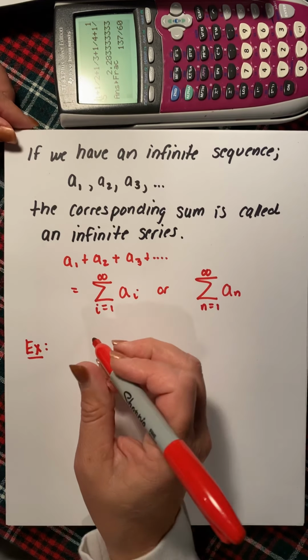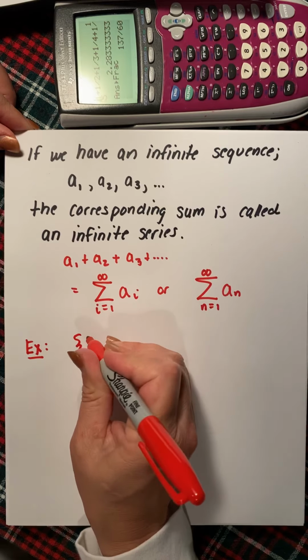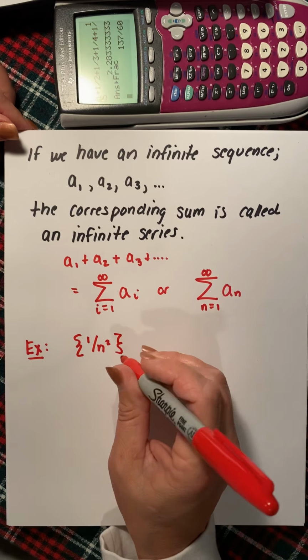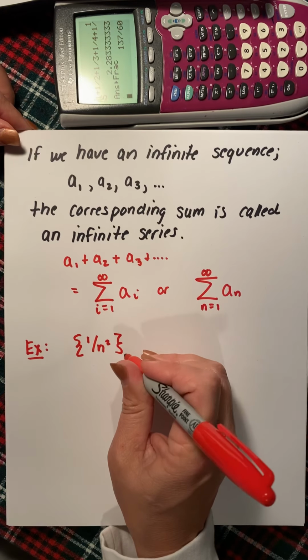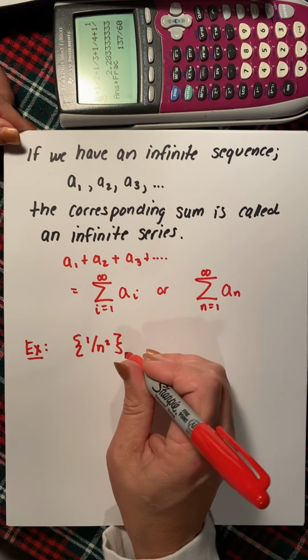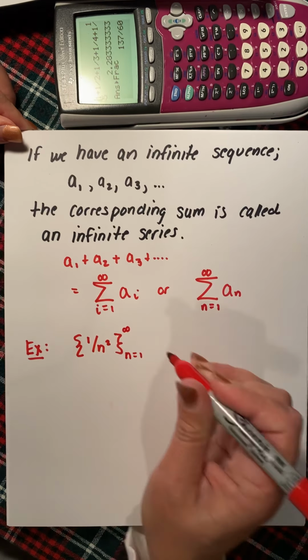So for example, let's suppose I had 1 over n squared, and n is going to start with 1, n equals 1 to infinity.